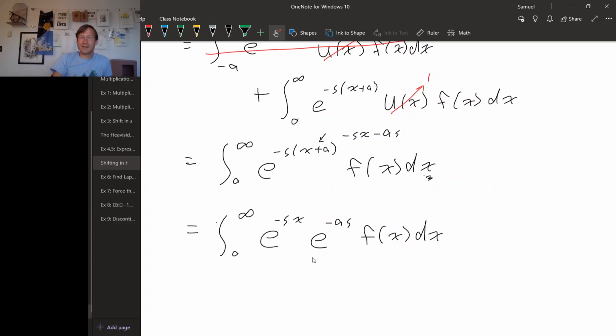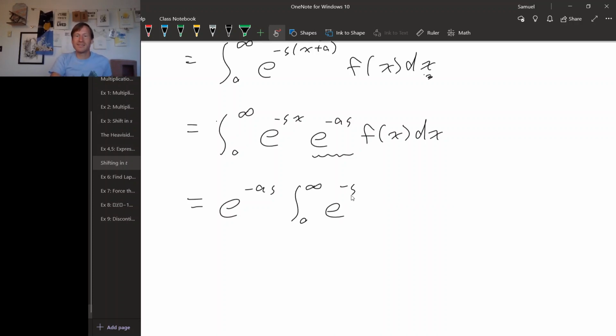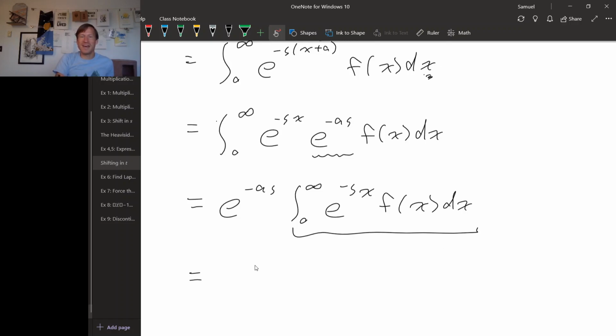But this second exponential doesn't depend on x, so we can move it outside of the integral. So this is e to the minus as times the integral from 0 to infinity of e to the minus sx f of x dx. And this integral is now just the Laplace transform of f. So this is e to the minus as times the Laplace transform of f.